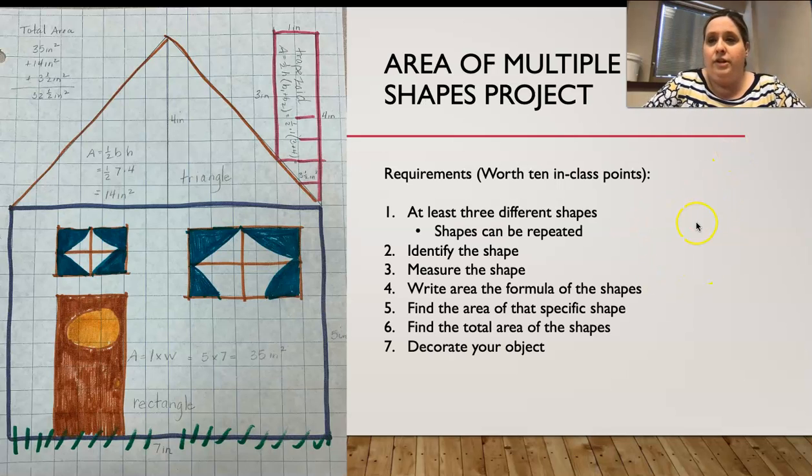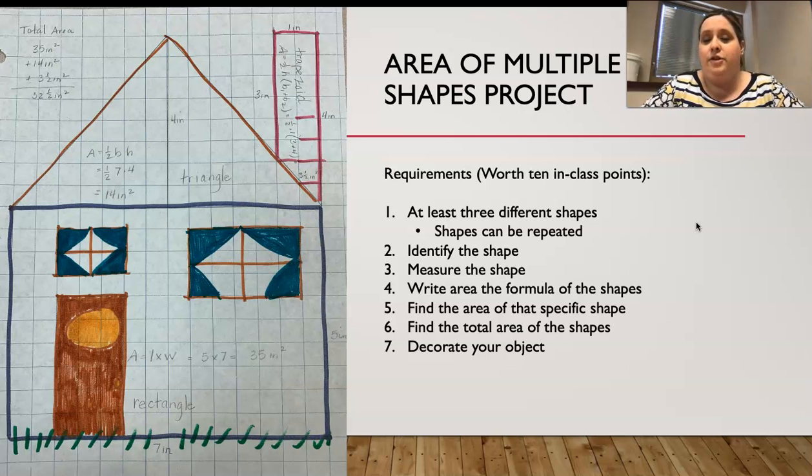So this is a little project that you're going to be doing in class after we do some practice on this. This is worth 10 in class points. So you're going to create, it doesn't have to be a house, it can be any object that you want, as long as you have 3 different shapes in it. Shapes can be repeated.